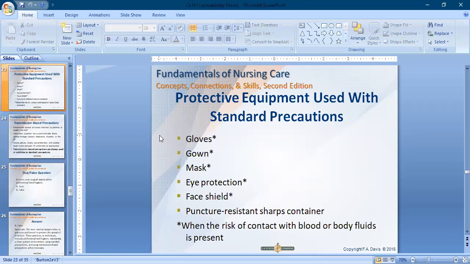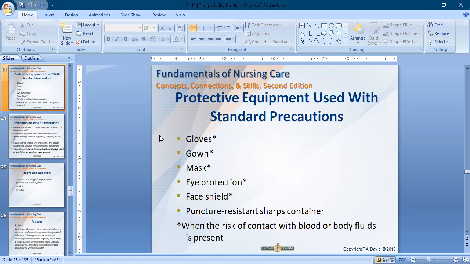So as I told you, in case of direct or indirect contact precautions, contact with the client's skin, or indirect contact with a contaminated surface, we always have to don the personal protective equipment using the correct sequence.